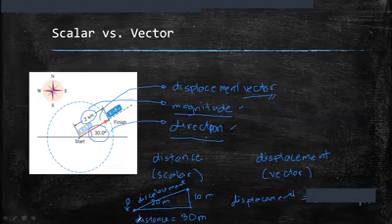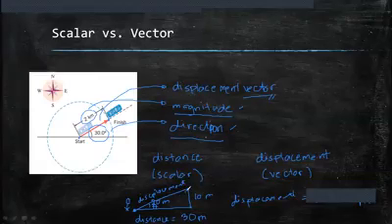So distance has no sense of direction, only magnitude, while displacement must consider the direction it takes. So the direction is this angle of how far he has started to the endpoint.